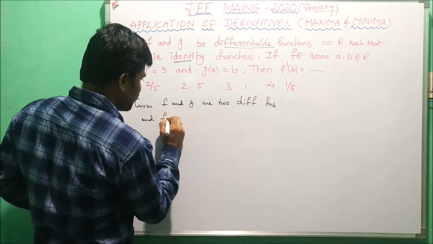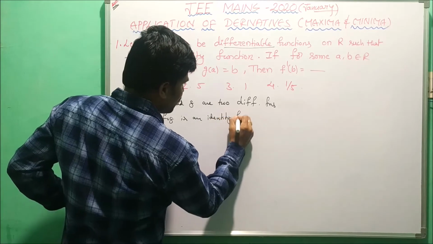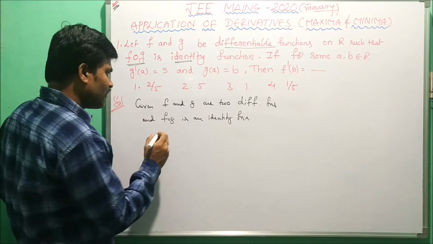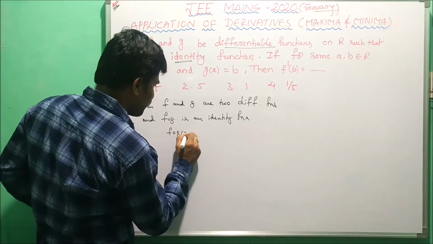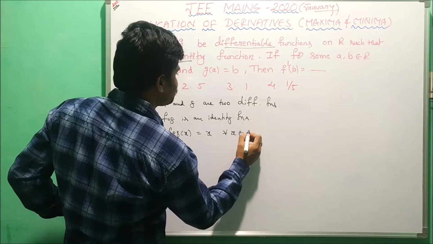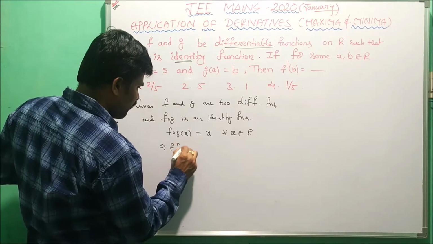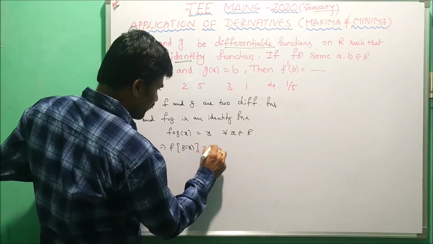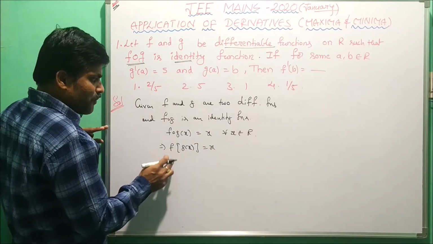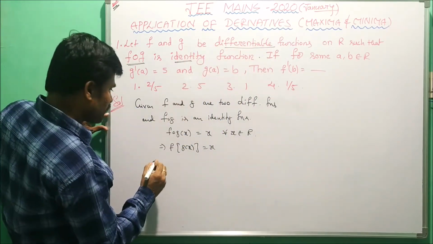This means, by the definition of identity function, f circle g of x equals x for every x belonging to R. Now here we write f of g of x equals x. Now we differentiate with respect to x, because these are two differentiable functions, as already given in the problem.